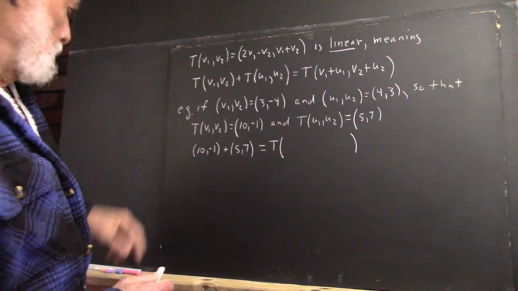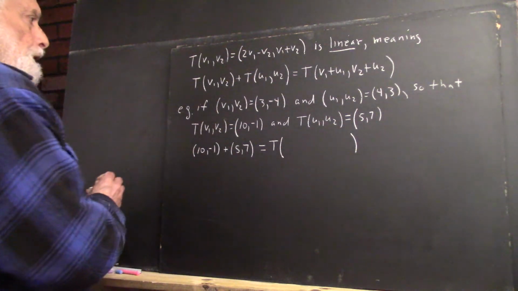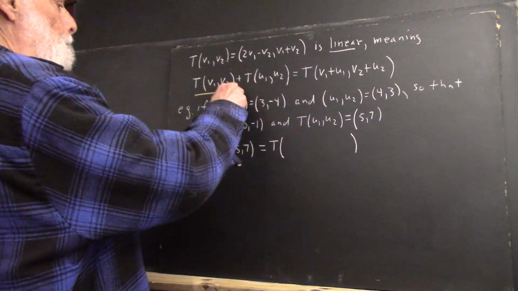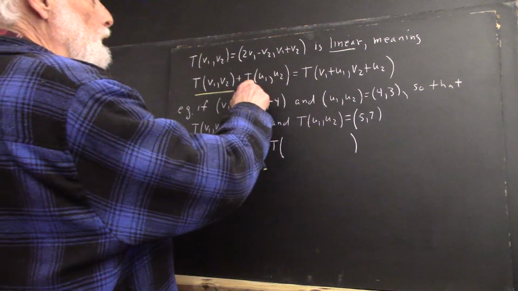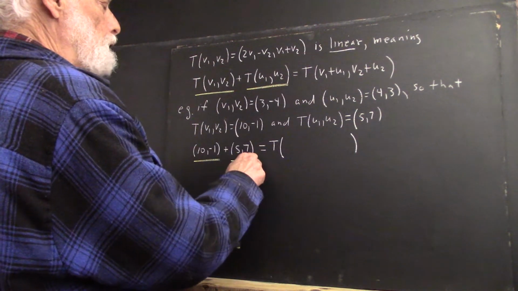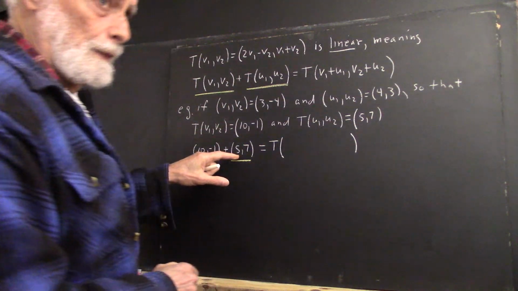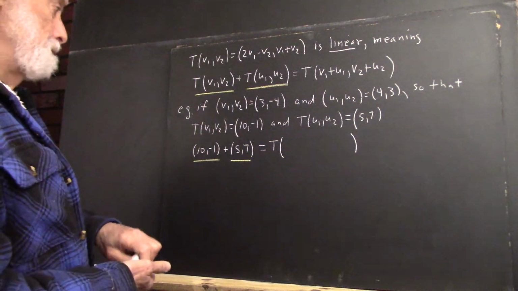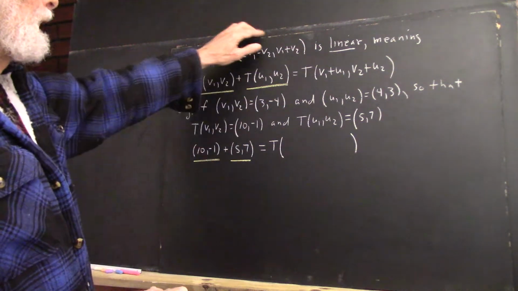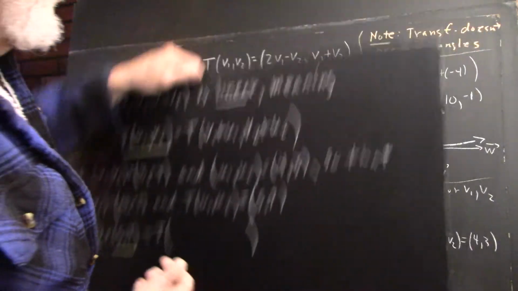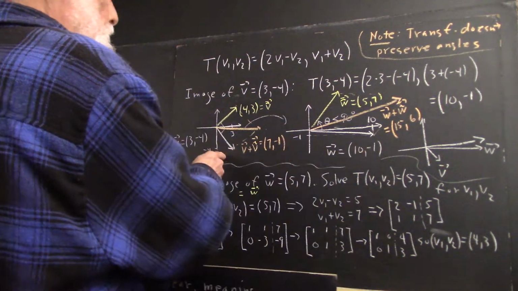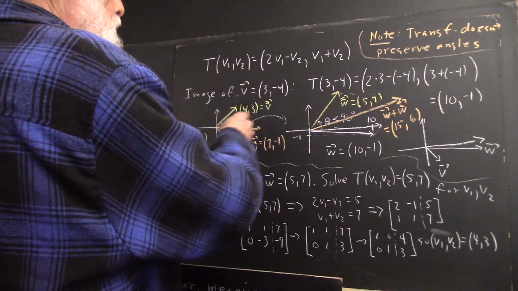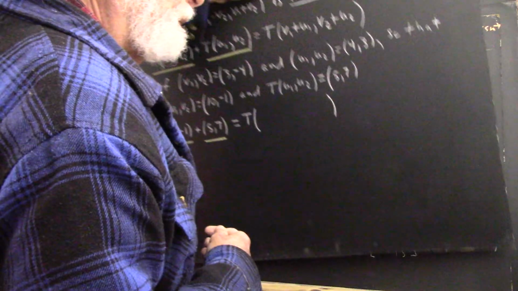So, my transformation of v1, v2 is 10, negative 1. My transformation of what I'm calling now u1, u2 is 5, 7. Okay, now, see 10, negative 1 and 5, 7, just to make sure we see it. Right there's our 10, negative 1 that we got from this one, our 5, 7 that we got from this one.